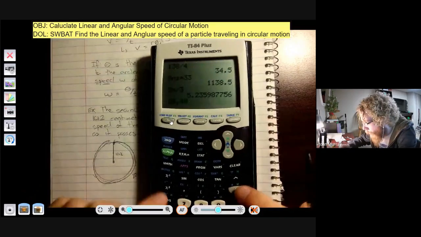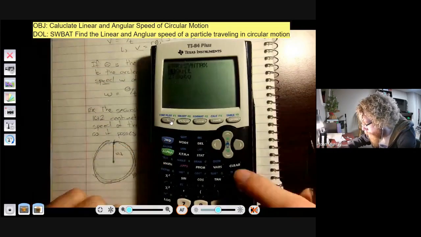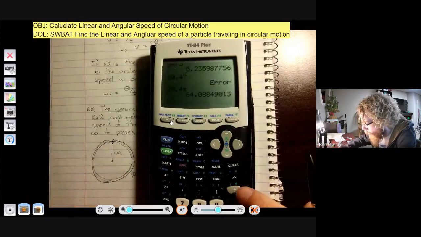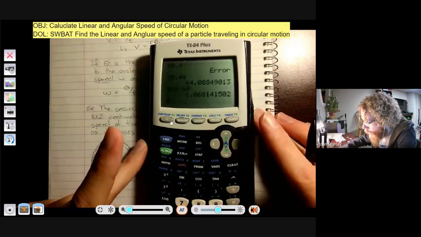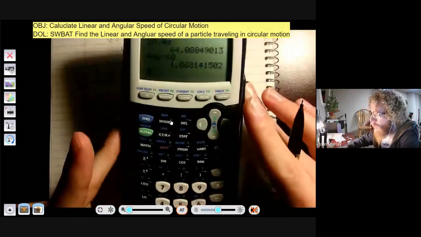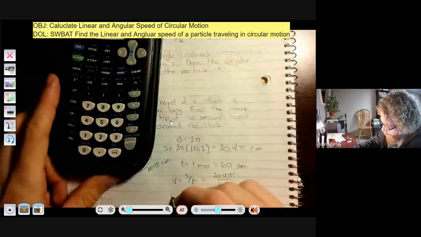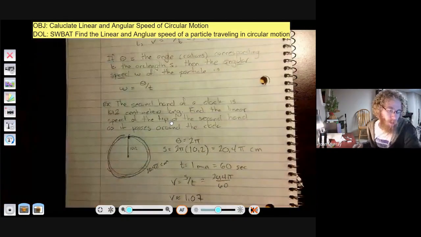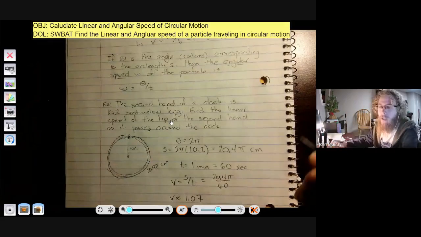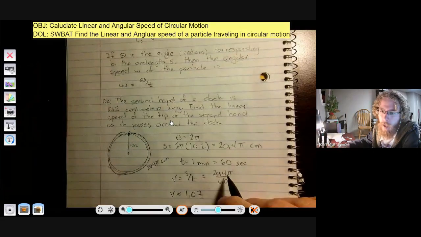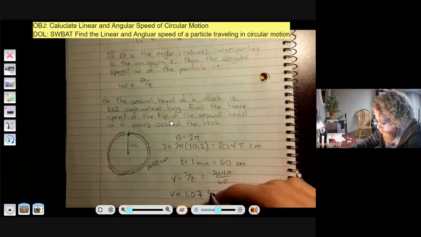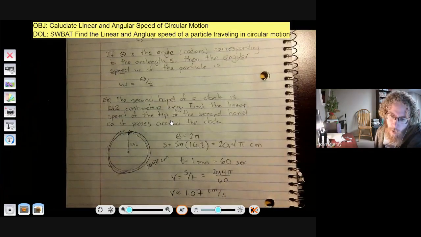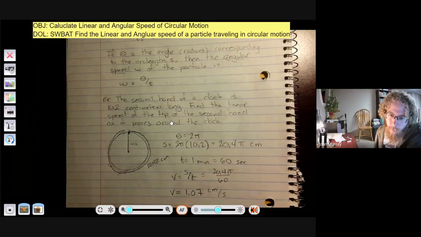So 20.4 pi divided by 60. We have 1.07, we'll say. Now we just got to be careful with our units. Our units here were centimeters, and we used seconds. So we're going to have 1.07 centimeters per second.